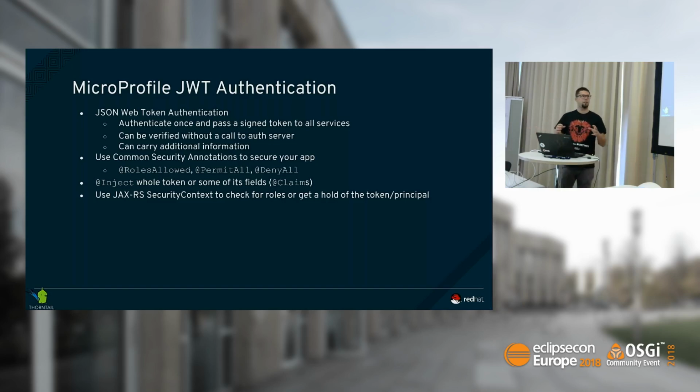And then if you have, I don't know, 20 services, each of the services can know the public key of a trusted authority and can verify the signature itself. So you don't have to go to the trusted authority from each service to verify if the security token is correct. And then, with MicroProfile JWT, with such a token, you can use the common security annotations like @RolesAllowed to limit the access for an endpoint, for example, to specific roles.